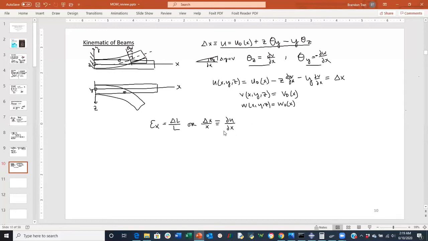So with this relation, we essentially take this equation right here with respect to x, and we get the following.